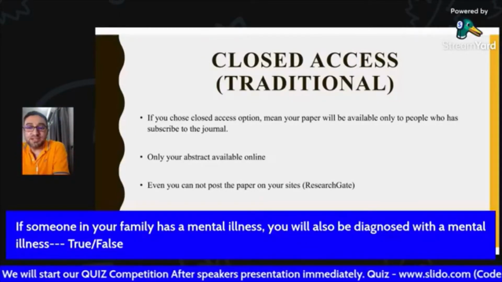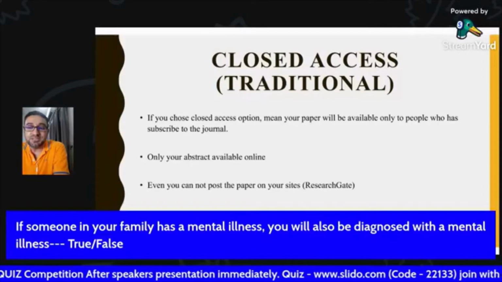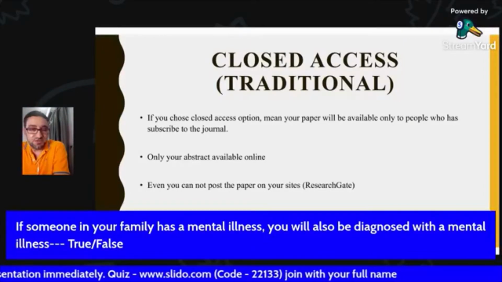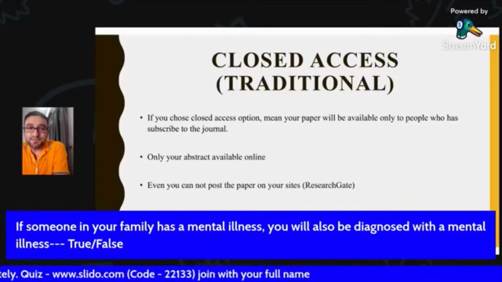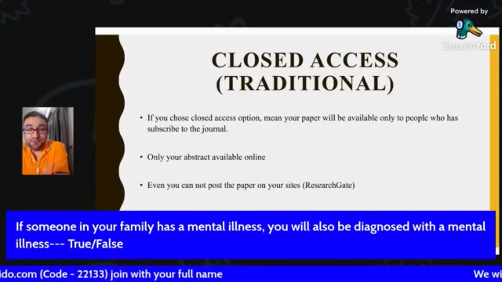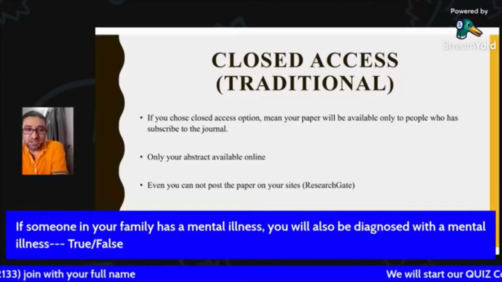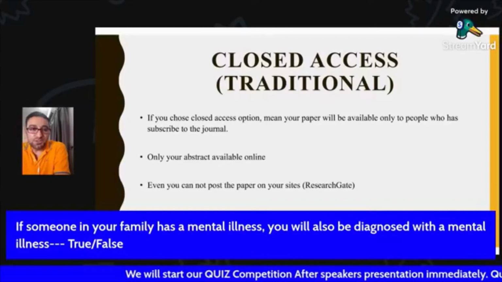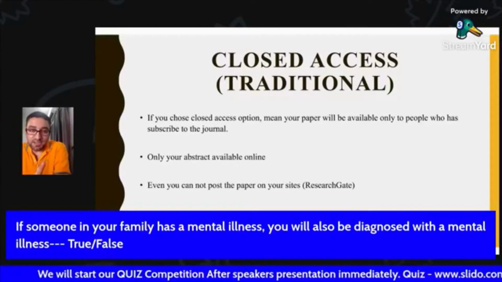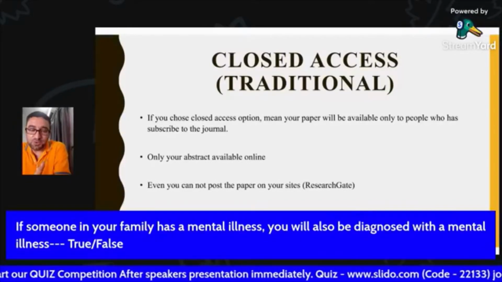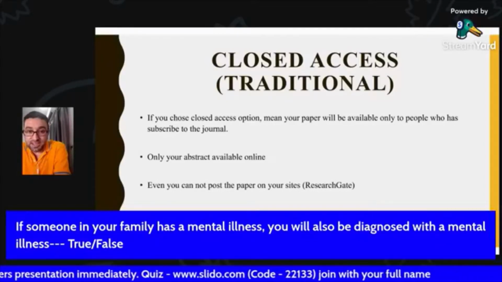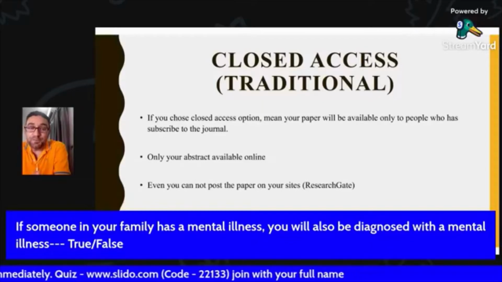You also cannot post the paper on your own site, meaning, for example, ResearchGate, Academia, LinkedIn, Facebook. If you publish in a closed access journal, you are not allowed to publish your article on social media. Otherwise, the journal website is going to claim against you, or you will be sued.